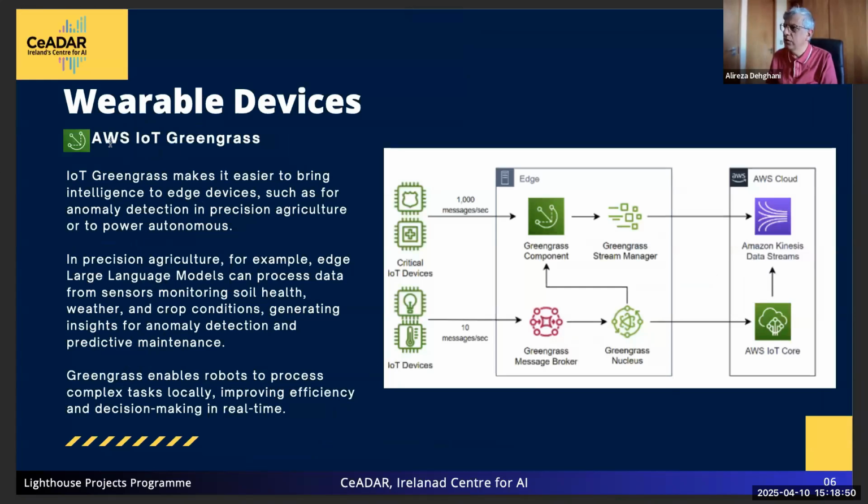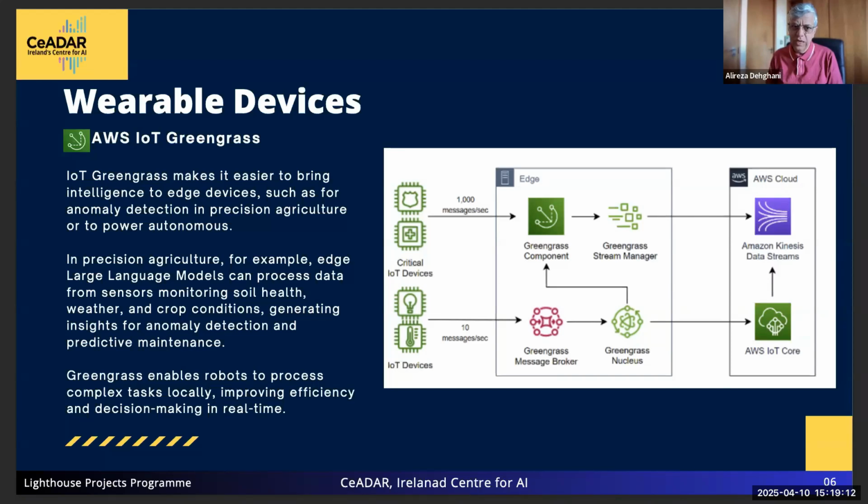Another interesting application. Perhaps you know that AWS and Amazon are really focusing on sustainability, green sustainability, and helping a lot of industries like farming, etc., to bring a lot of sustainability aspects to human life.